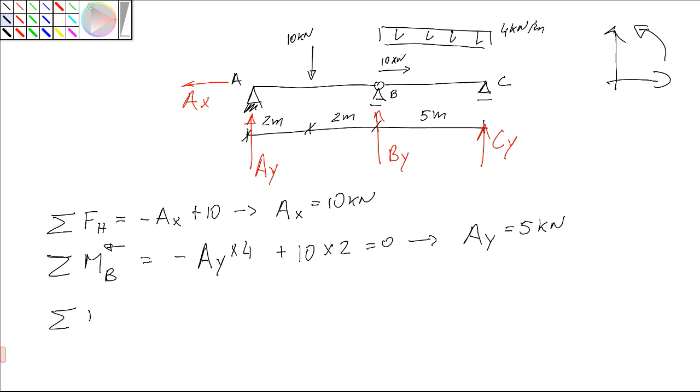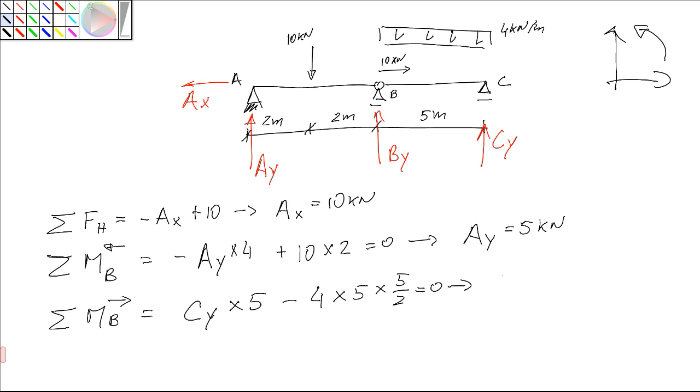If we do sum of moments around the hinge to the right, we have the distributed load and CY. CY causes a positive moment of 5 times 5. The distributed load is equivalent to 4 times 5 meters, and the distance is half of 5.